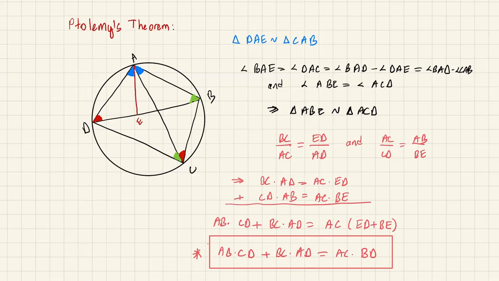Let's say this is A, this is B, this is C, this is D, and if I call the diagonals E and F, then Ptolemy's theorem says basically A times B plus C times D is equal to E times F. This is the same as what we just wrote in this corner. That should be the end. So this is Ptolemy's theorem.